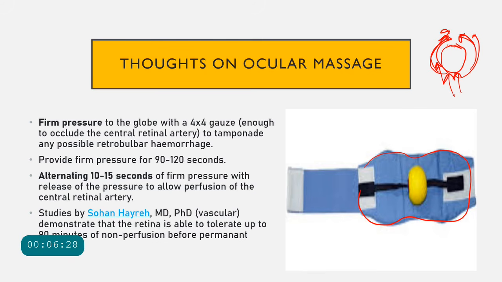Now, some people say that firm pressure to the globe with a gauze piece can be applied. It should be enough that it causes occlusion of the central retinal artery, so that any possible retrobulbar hemorrhage will have a tamponade, and they advise it for about 90 to 120 seconds.